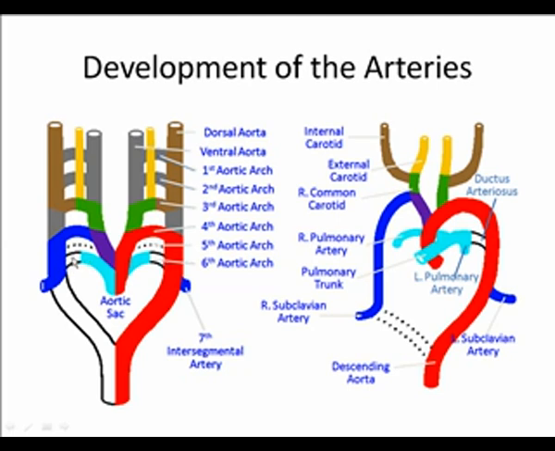On the right side, the distal portion will degenerate, along with the rest of the descending aorta on the right. On the left side, this distal portion of the sixth aortic arch is going to remain and will be the ductus arteriosus, and that will remain until birth and will shunt blood from the pulmonary trunk over to the aorta for the fetus.